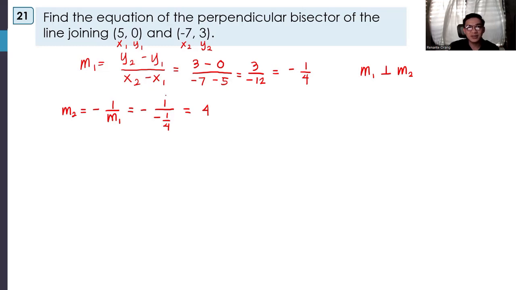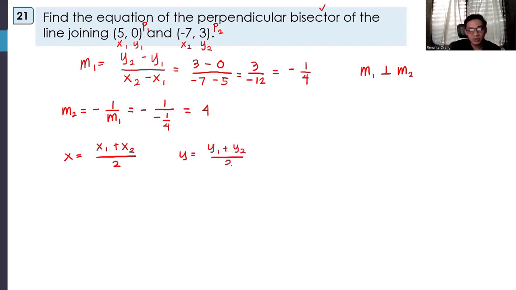Next, we will find the center of these 2 points, which is point 1 and point 2, kasi sabi na bisector. So, the formula for that one, x is equivalent to x sub 1 plus x sub 2 divided by 2. And y is equivalent to y sub 1 plus y sub 2 divided by 2. Substitute, we have x is equivalent to x sub 1 natin is 5 plus x sub 2 is negative 7 divided by 2.